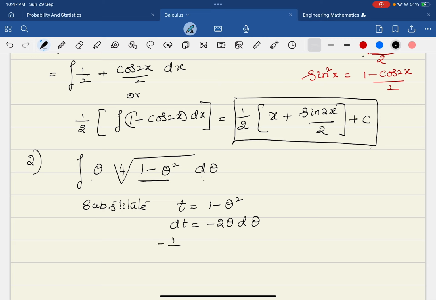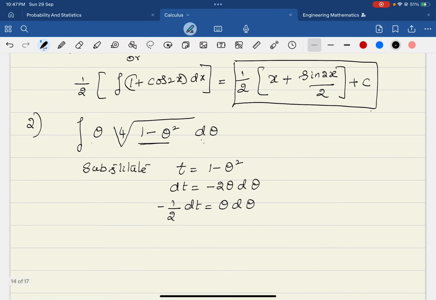So let us divide by 2: minus 1 by 2 dt gives you theta d theta. Now we can replace 1 minus theta square as t, and theta d theta is represented by minus half dt.